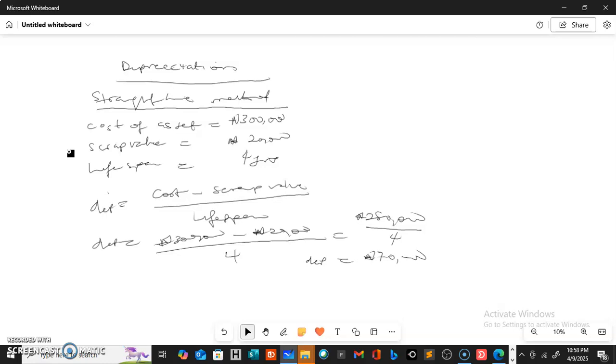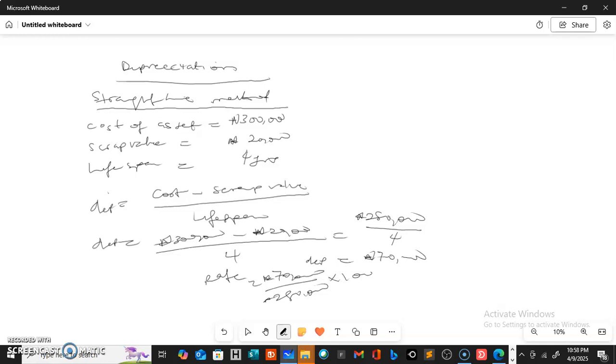At what rate did the asset depreciate? Since we have a scrap or salvage value for this asset, the depreciation rate equals the depreciation value itself, 70,000 naira, over 280,000 naira, multiplied by 100.